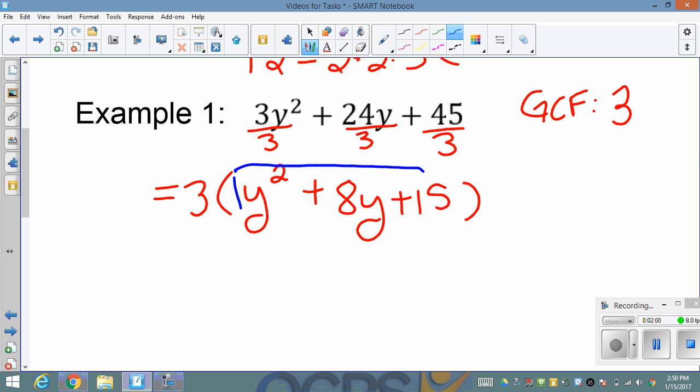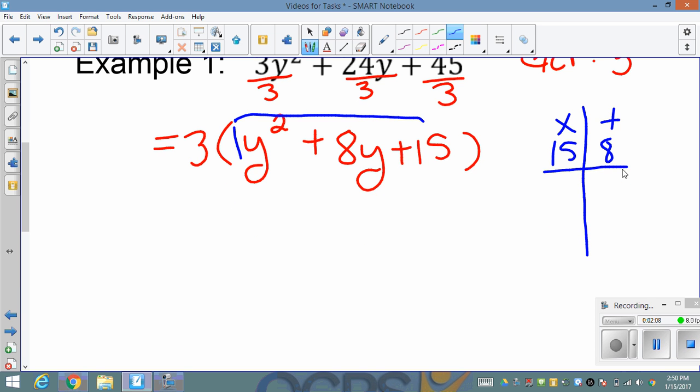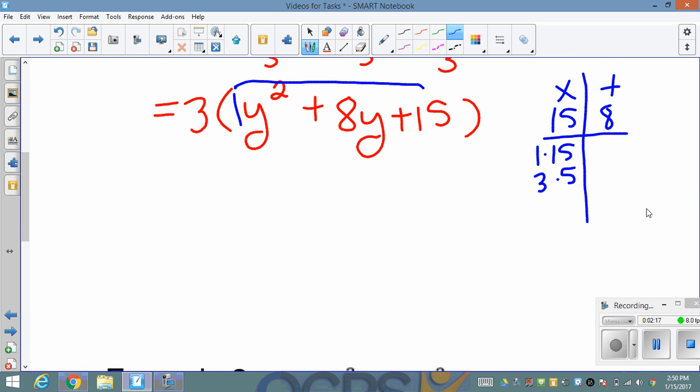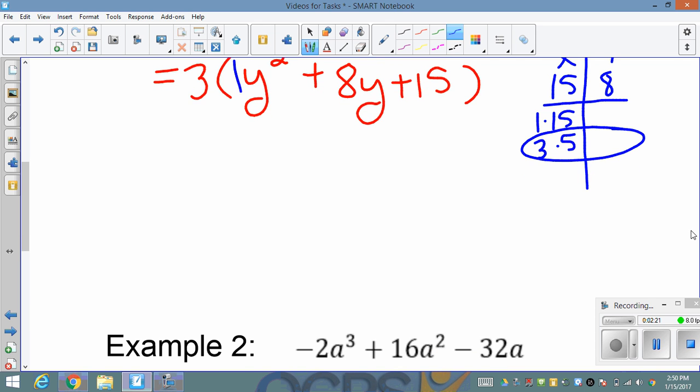I want to multiply to 15, and I want to add to 8. If you know the shortcut method, use it. I'm going to show all the work here. So I'm going to do 1 times 15, 2 doesn't go, 3 times 5. Since everything here is positive, both of my numbers will be positive, so I'm going to use 3 and 5.